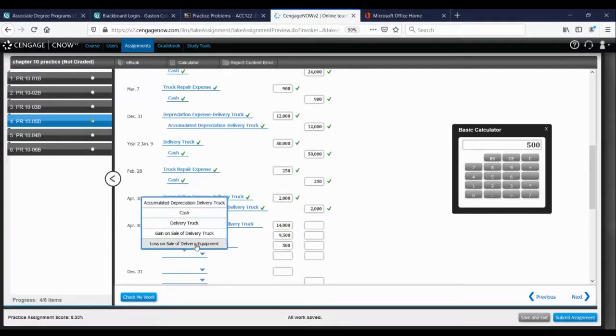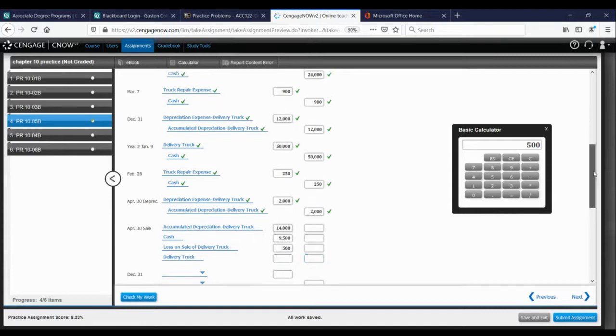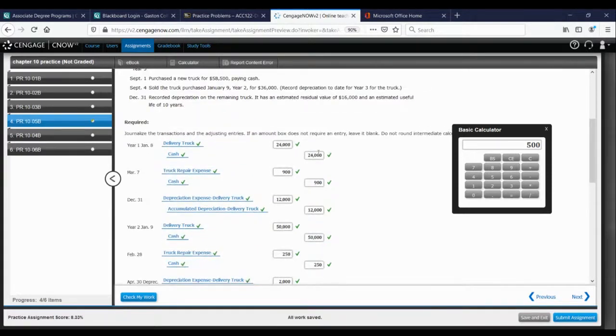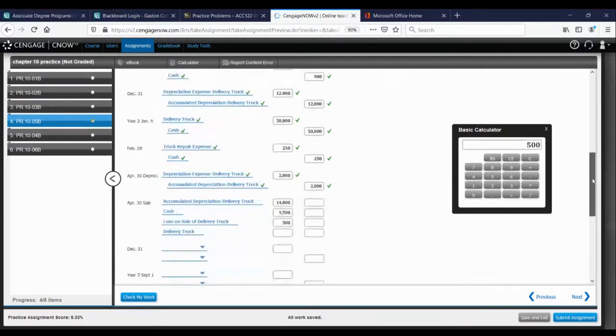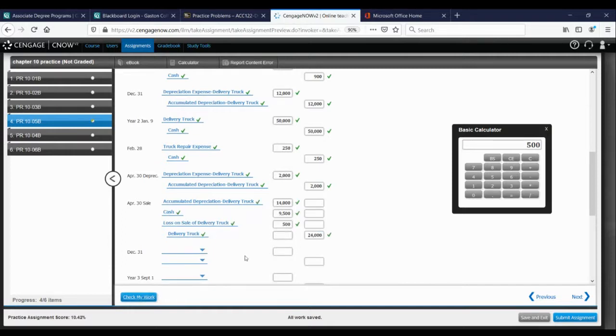My credit would be to my delivery truck for what it originally cost me. The cost of the truck was $24,000. So we're going to credit the truck for $24,000. What this does is it removes the truck off of our books.